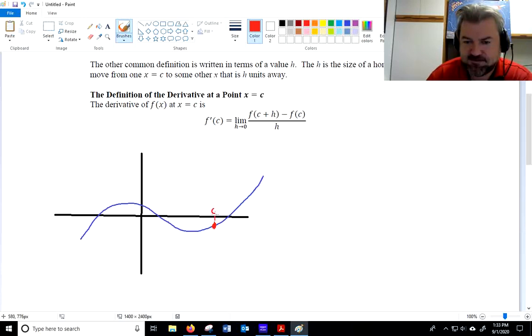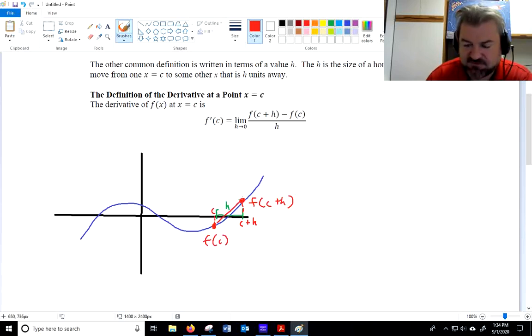Then what we're going to do is take a secant line and describe that secant line as being some units away from c, called h. And so if this was c and I move h units to the right, then this is c plus h. And then this here becomes the point f of c plus h. This point down here was just f of c.